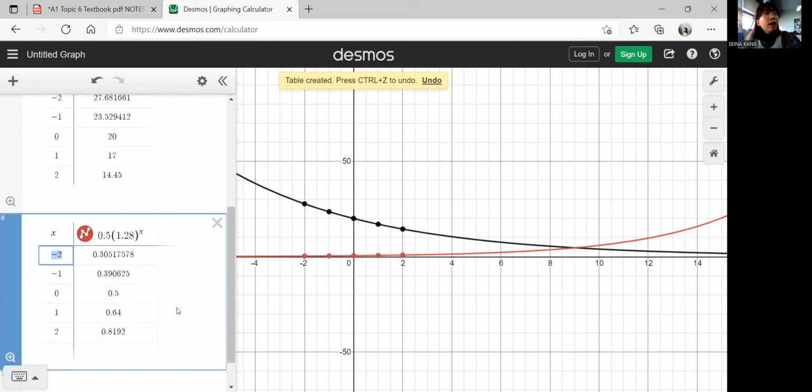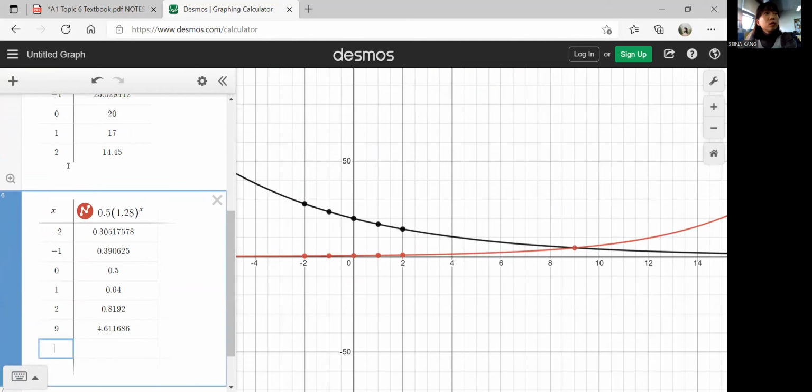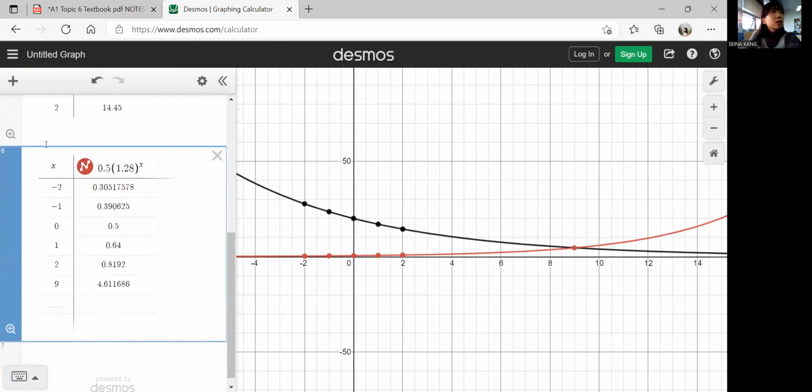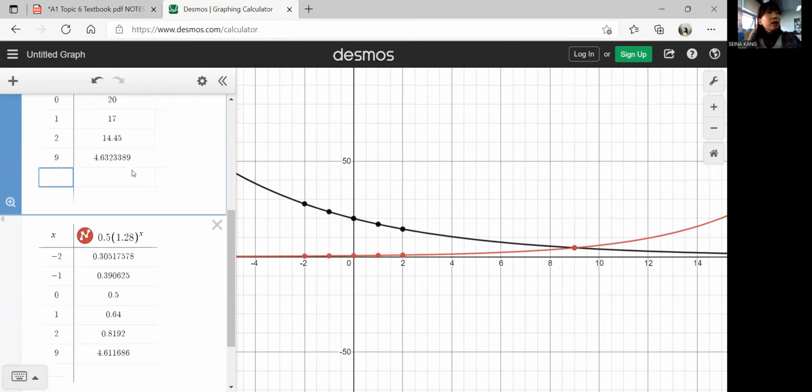And then you can plug in the numbers here, after 9 years, and you can see if the numbers get closer and closer. And yeah, that's how you can see, oh yeah, in about 9 years, their cost is going to be the same.